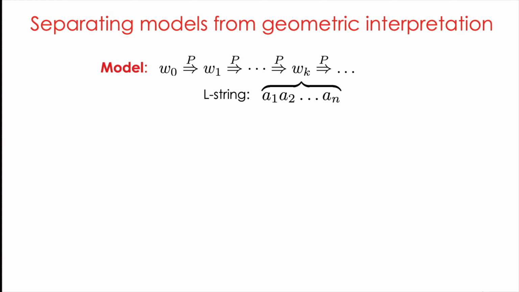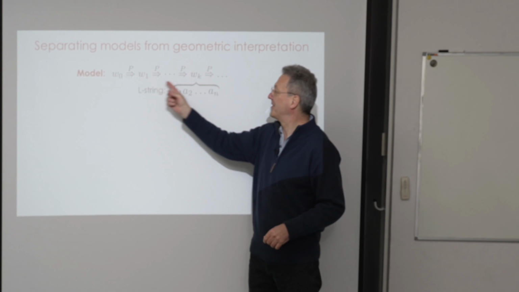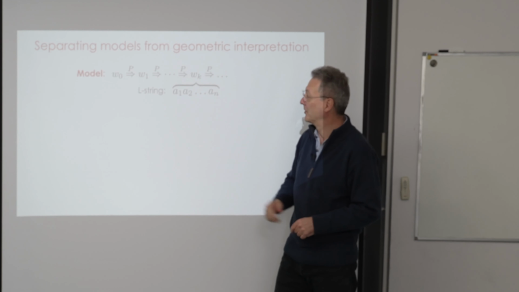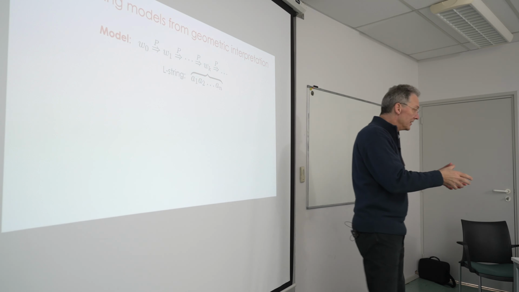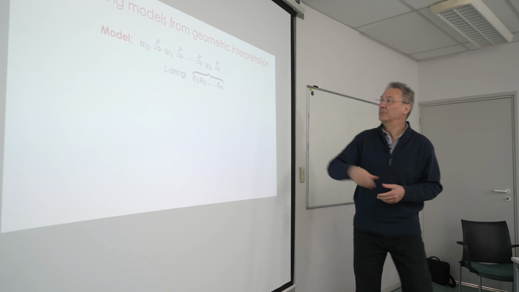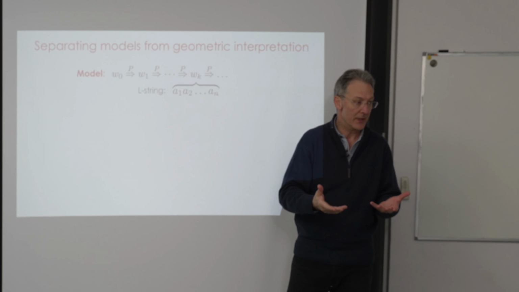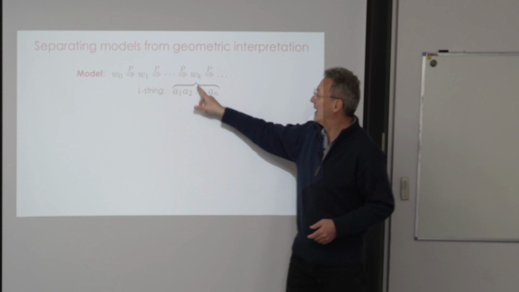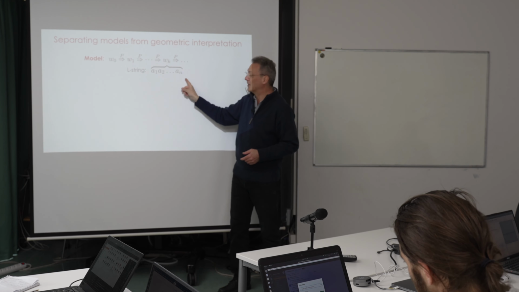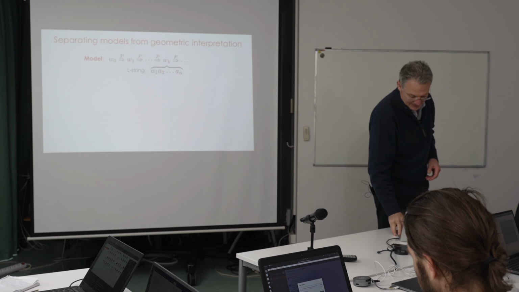Okay, so if we want to keep these rules separated, you need to use the first set of rules, which are called the production rules, in order to derive the different L strings from the initial state of your model. The P's here represent the rules that work on the model at the deep level, and this makes it possible to compute at each step k a string that represents the state of the model at this step k.